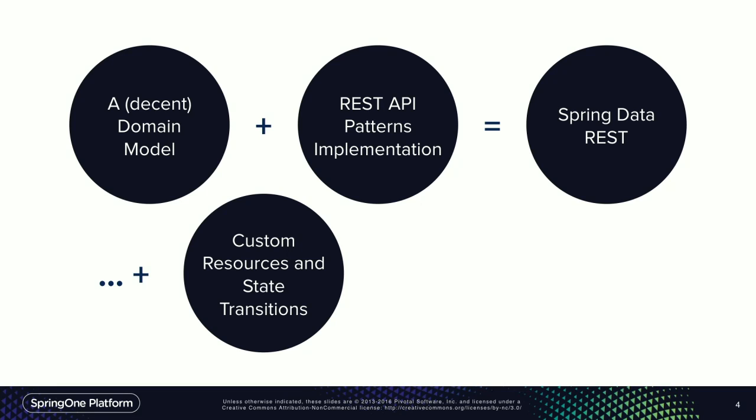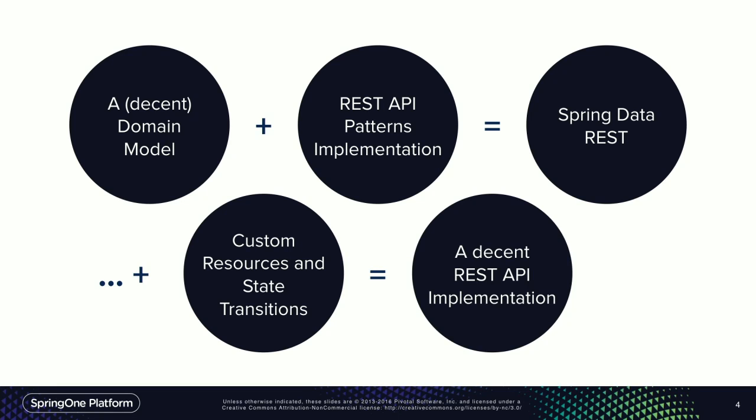So basically, only if you add that additional stuff do you get to a decent REST API. I definitely argue, and I'd even go so far as to say, that the most advanced usage of Spring Data REST is to not use it. That's probably a bit of a weird statement in the first place, but if you can get away from understanding your HTTP API as a CRUD API, then you get to a more decent API implementation.